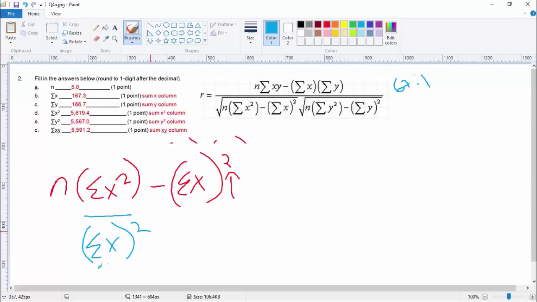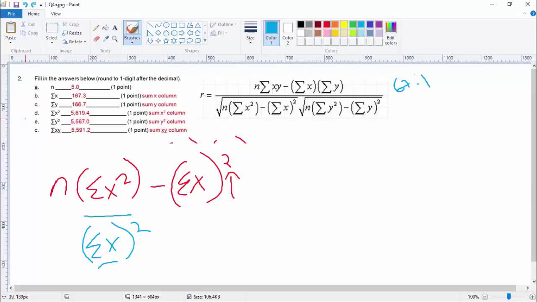It would be summing up all the x's. It would be this one here. Okay, but if it's in here, then it means I've got to do the x to the second before summing it. So I'm talking actually about this. So the bottom line is do the stuff in parentheses first, and that will help you remember which one of these you want, the B one or the D one up there.